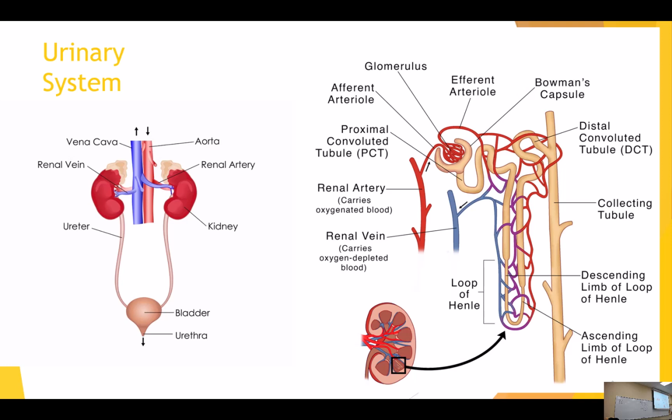So the nephron starts up here at the glomerulus. You've got your afferent arteriole that goes into the glomerulus inside the Bowman's capsule. When it hits that, it's under super high pressure, and because of that, about 20% of the liquid portion of the plasma is going to get squeezed out into the glomerulus, and that is going to be our glomerular filtrate.